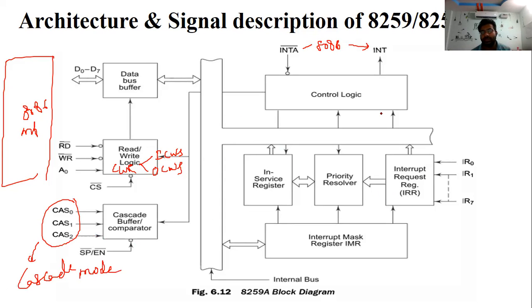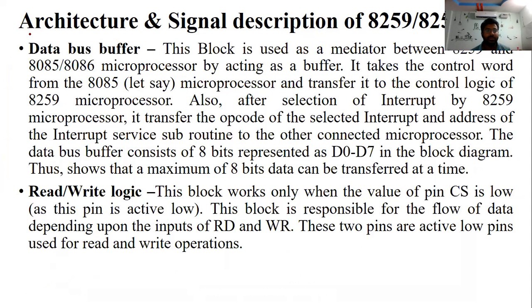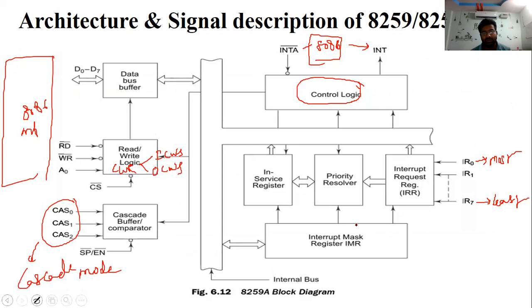This control logic controls the inputs and outputs given by the 8086 microprocessor. Now see this, this is the most preferred and this is the least preferred. Then the data bus buffer is an 8-bit register.